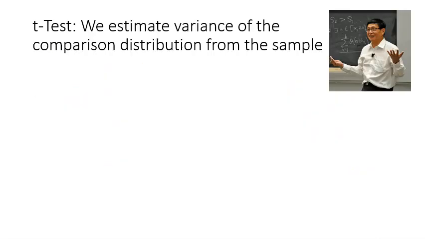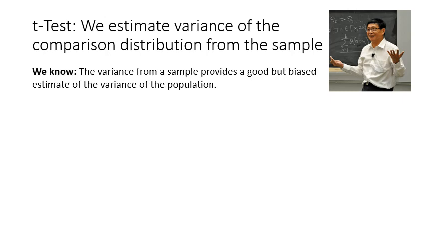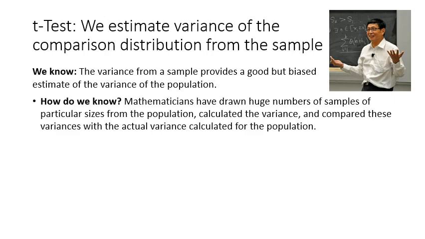So in a t-test, we estimate the variance of the comparison distribution based on the sample. We know certain things because of the work of mathematicians like this guy. We know that the variance from a sample provides a good but slightly biased estimate of the variance of the population. How do we know? Because mathematicians have done this task to find out.